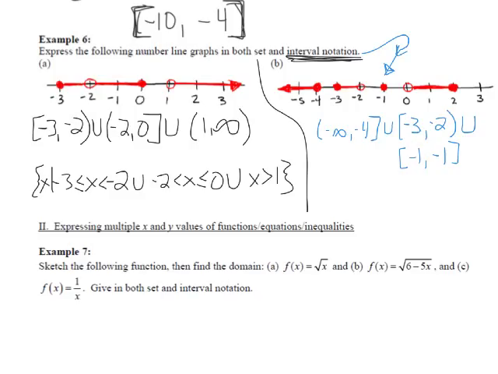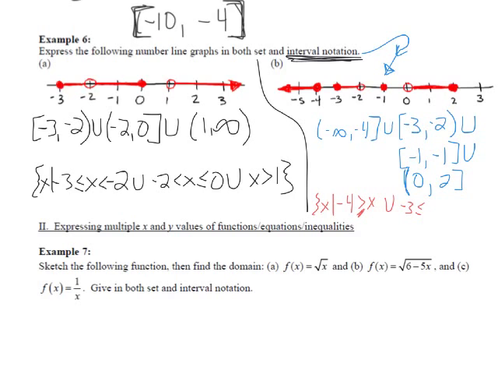So I think I'd prefer writing it in set notation. Let's finish this out. Or 0 excluding to 2 including. If you were to write it in set notation, which I think is probably better on this one, we'd have all x such that negative 4 is greater than x, so that's going to be your first interval, or negative 3 is less than or equal to, oops, I should have an equal there.